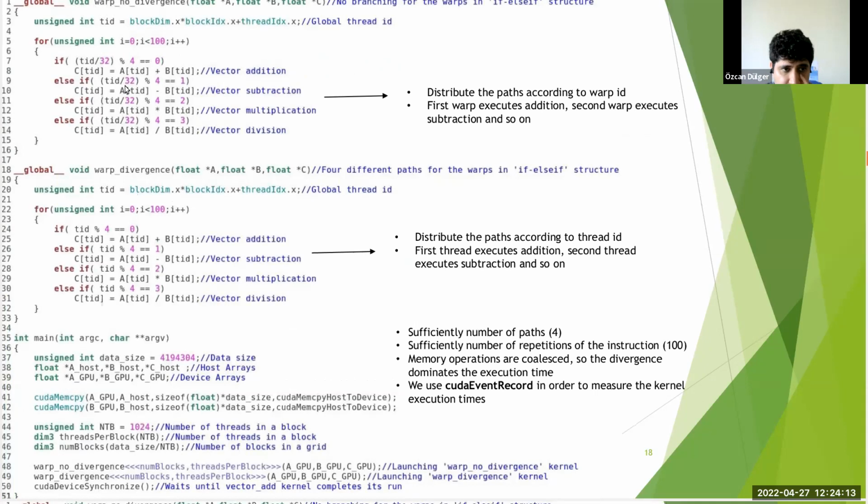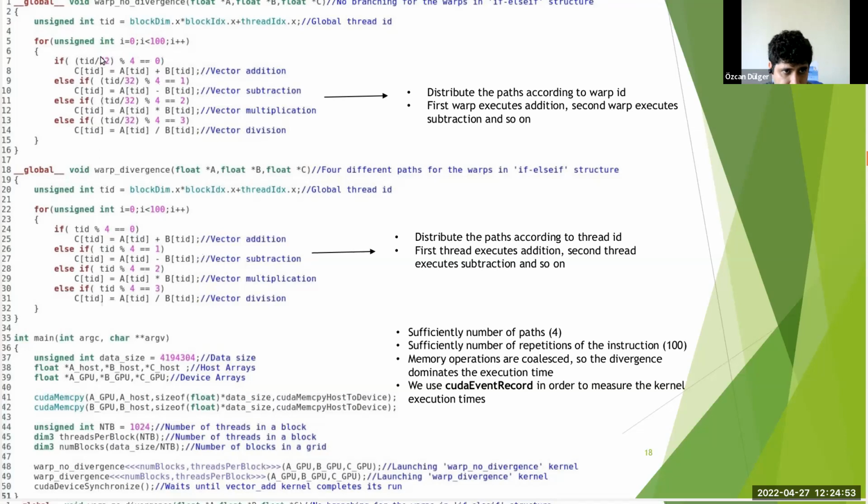We use an if-else-if structure with four conditions, and in each condition one of the vector operations is performed. In the first if, vector addition is performed. In the second, vector subtraction. In the third, multiplication. In the fourth, division. It is similar in the second kernel. The operations are the same, but the conditions are different.